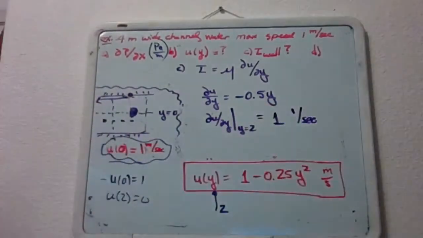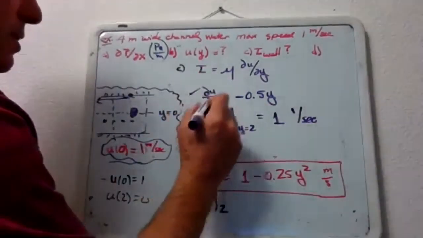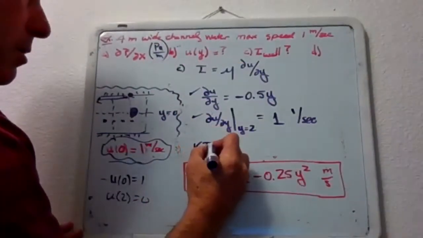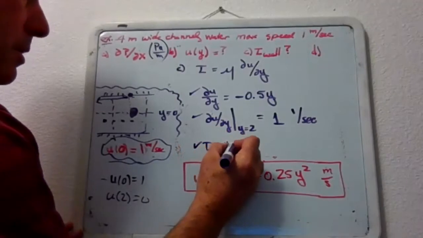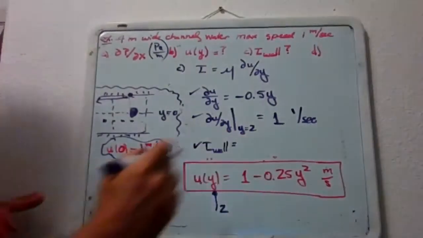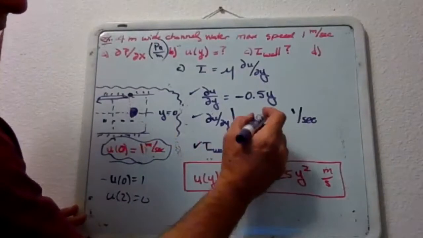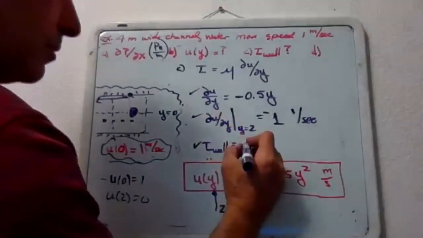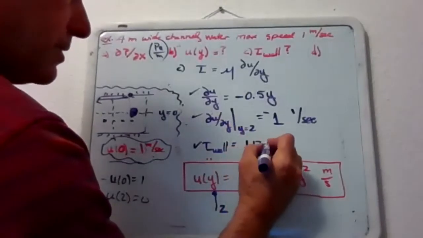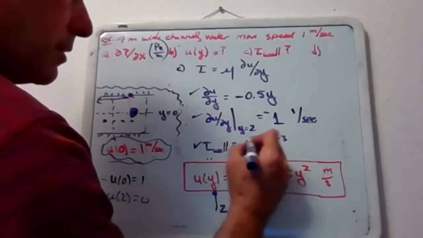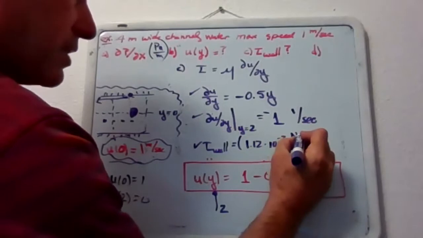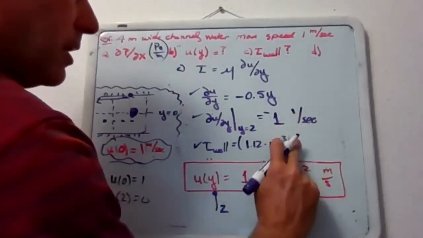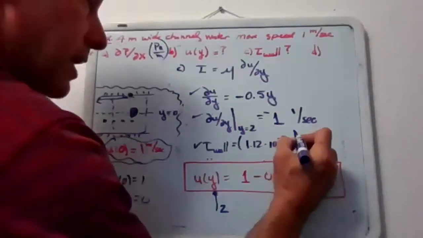The last step is to take this equation right here. So the shear at the wall is going to be equal to, by the way, I have a mistake up here. There's a negative here, so this would be negative. It's going to be equal to mu, which is 1.12 times 10 to the negative third, in Newton seconds per meter squared.